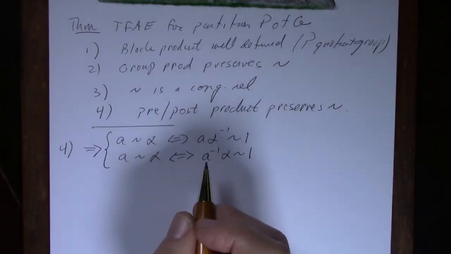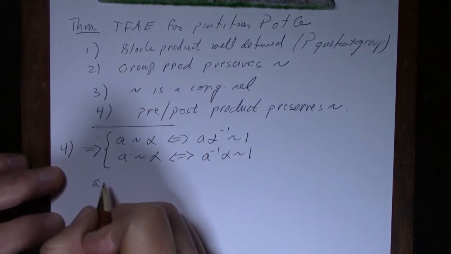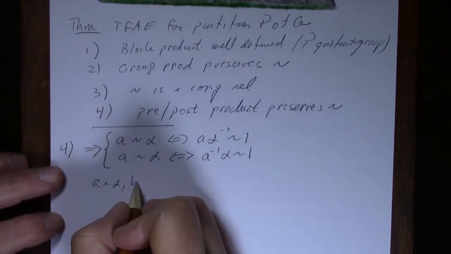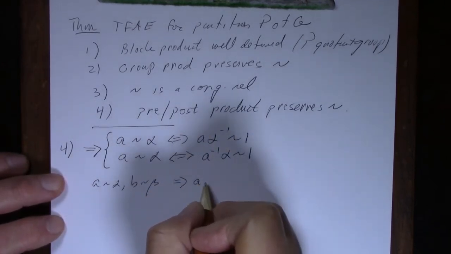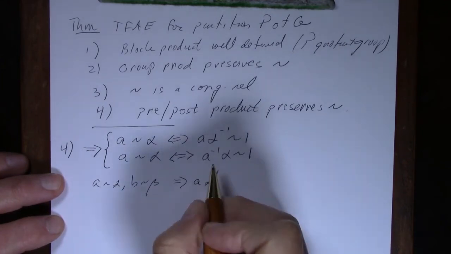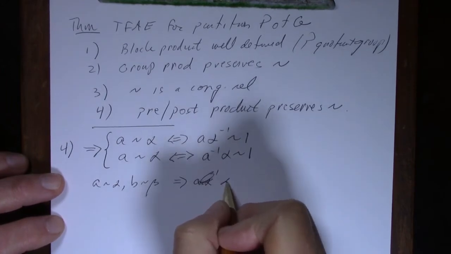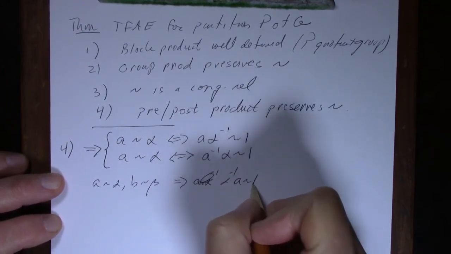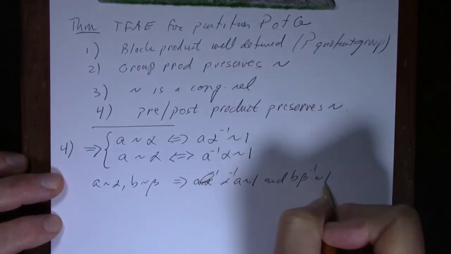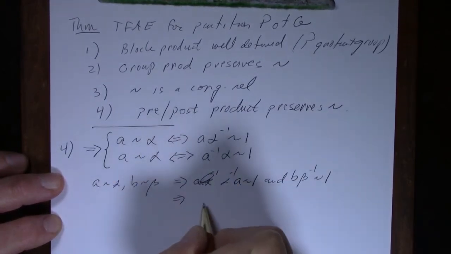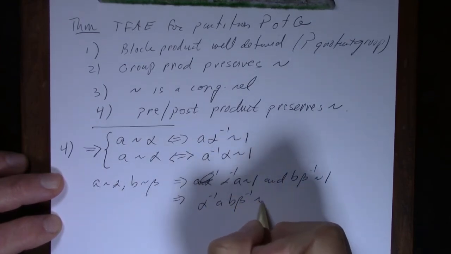but the converse also holds. If we have 4, and A is equivalent to alpha and B is equivalent to beta, then we have alpha inverse A equivalent to 1 and B beta inverse equivalent to 1, and so their product, alpha inverse A, B beta inverse, is equivalent to 1.